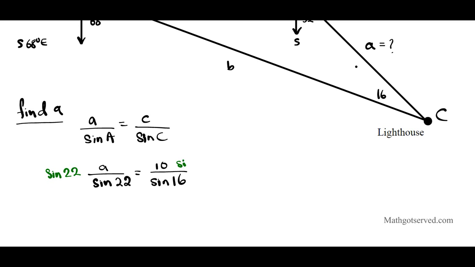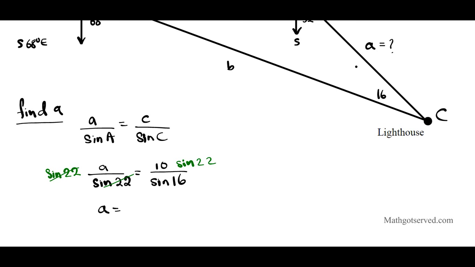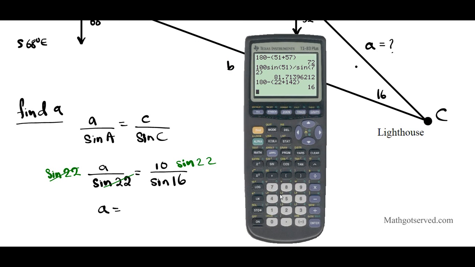This divides out, and then you have little a equals 10 sine 22 divided by sine 16. Let's use the TI-83 and plug that in. The answer is 13.5906. So little a is 13.5906.